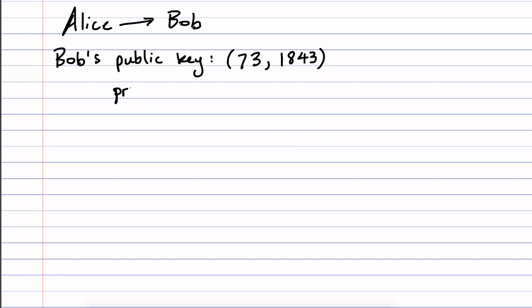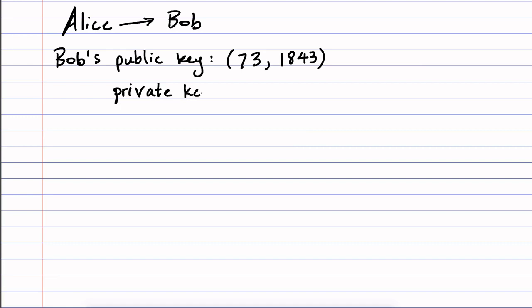a message to Bob. And Bob has two keys, public and private. And so here they are. Bob's public key is, in this case, let's say 73, 1,843, and his private key, well, let's say it's private and we don't know it.